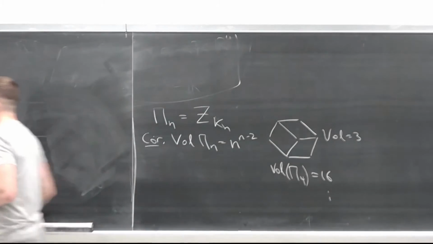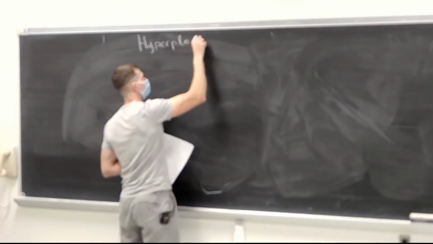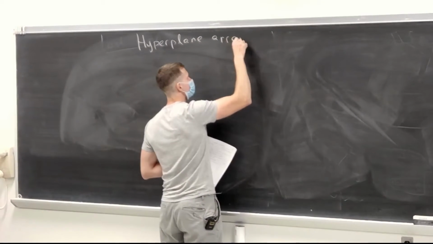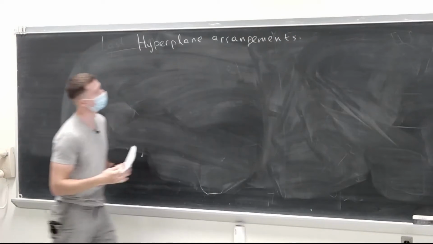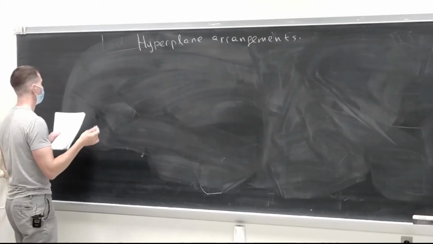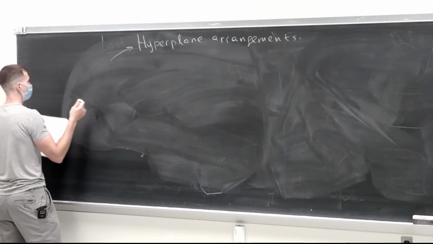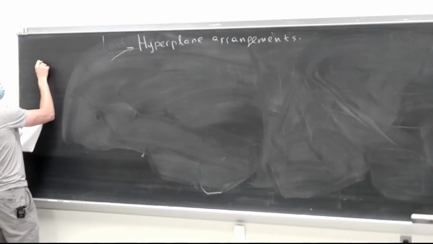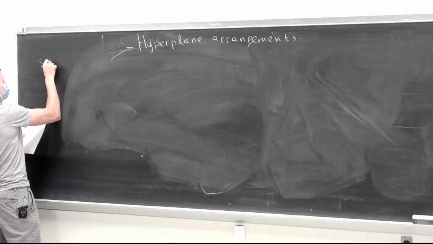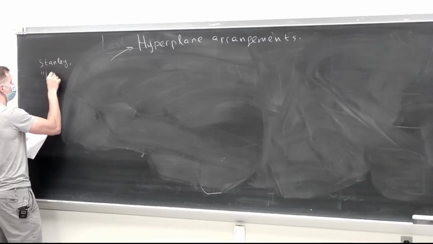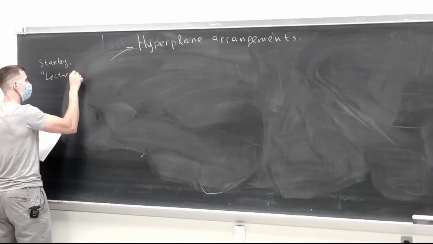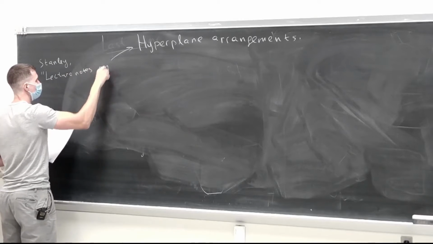Okay, new subject. Hyperplane arrangements. And by the way, there is a book, or rather lecture notes. The book is by Stanley, and it's called Lecture Notes on Hyperplane Arrangements.